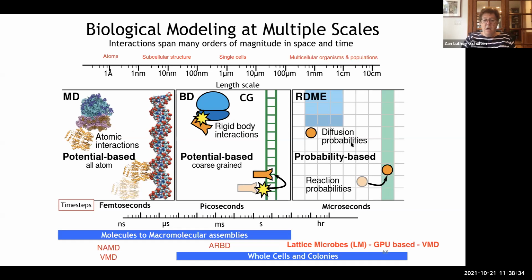So as I said, each of these length scales has its own time scale associated with it and a length scale. And what I've been talking about is mostly this region over here. So my things are like half a micron or micron or more in length here.